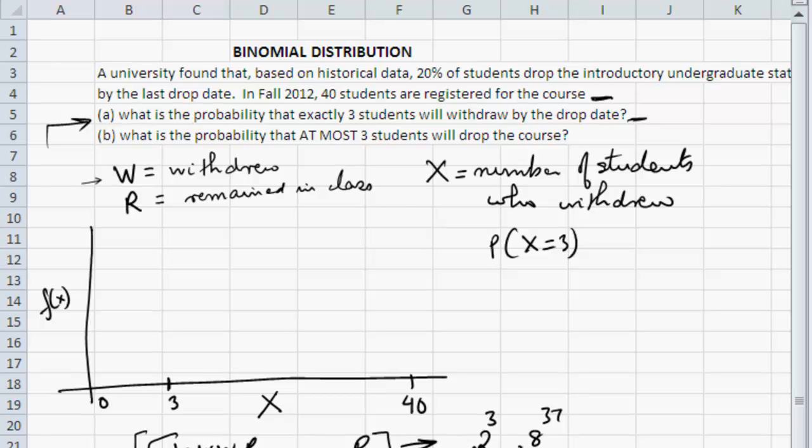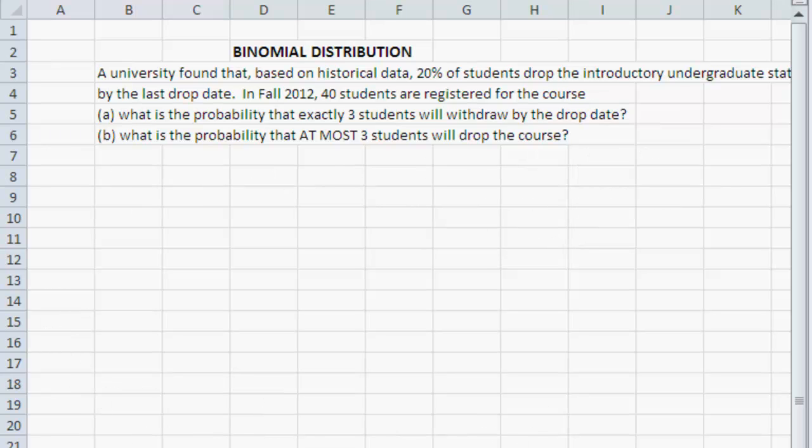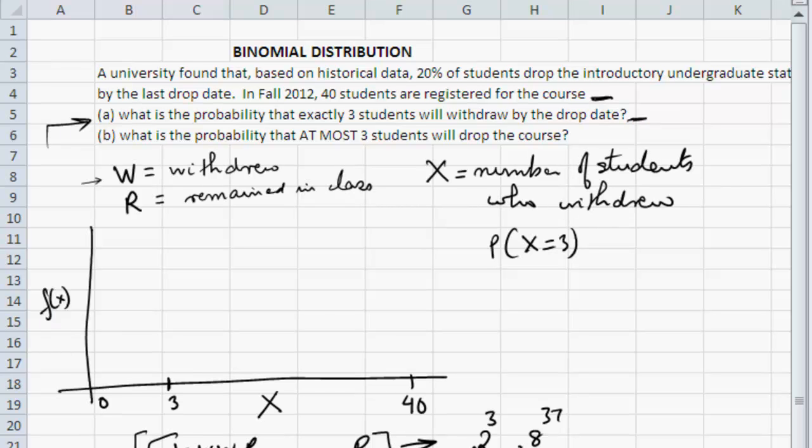So I have to reduce the 40 factorial by the number of ways in which I can arrange those 3. Similarly, the number of ways in which I can rearrange the 37 R's is simply 37 factorial. So the number of different sequences of these 40 students, all of which result in 3 students withdrawing and 37 staying, is given by 40 factorial divided by 3 factorial multiplied by 37 factorial.